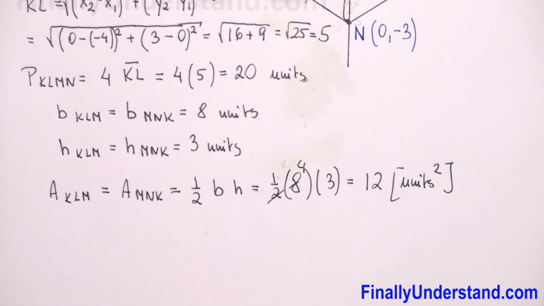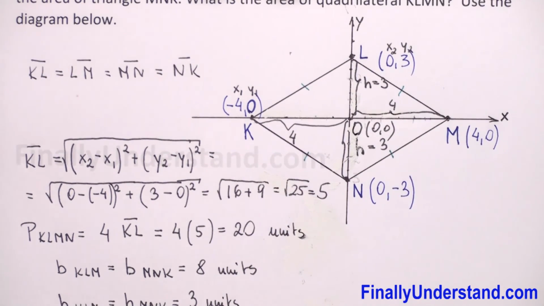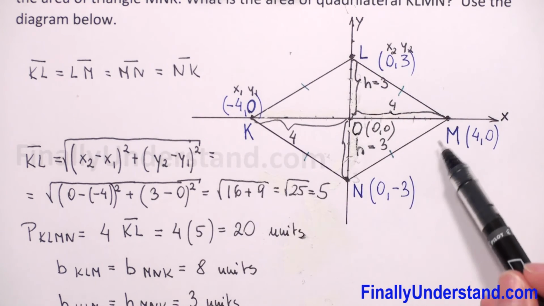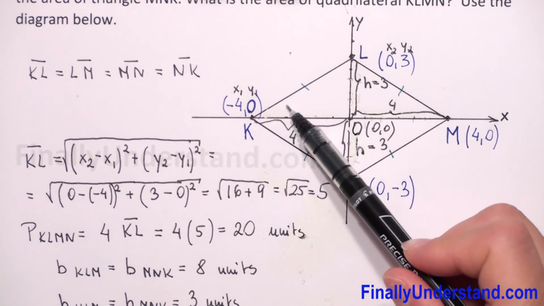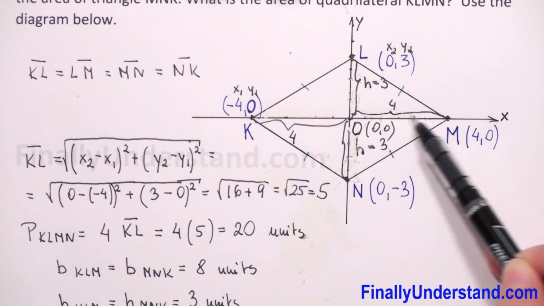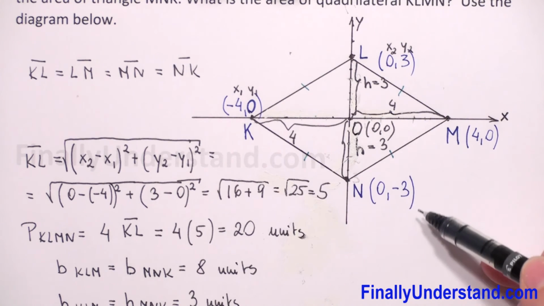And now we have to find the area of quadrilateral KLMN. Because we found the areas of triangles KLM and MNK, they are the same.